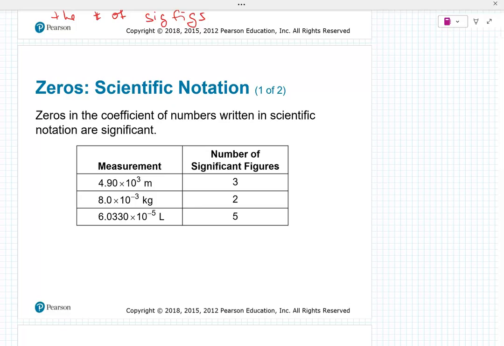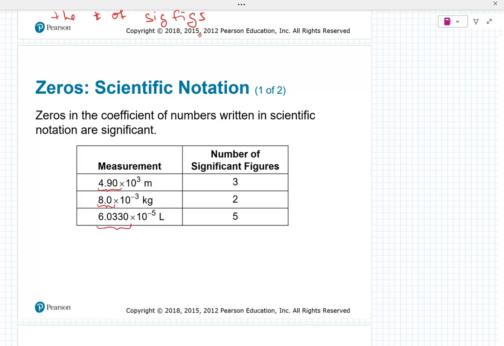Okay, so for instance here, 490 multiplied by 10 to the power of 3. All these zeros are significant. All these are significant.